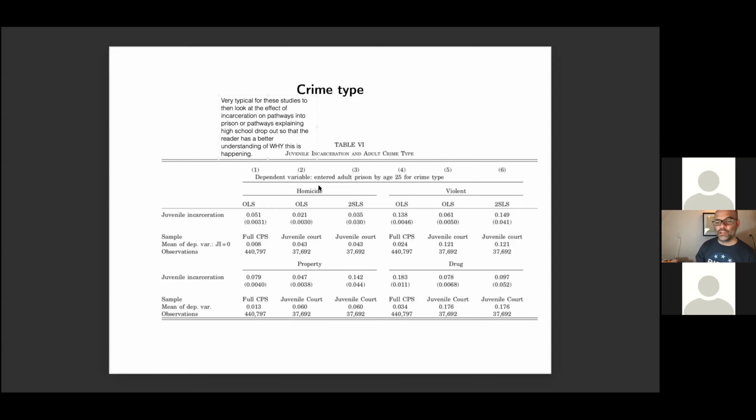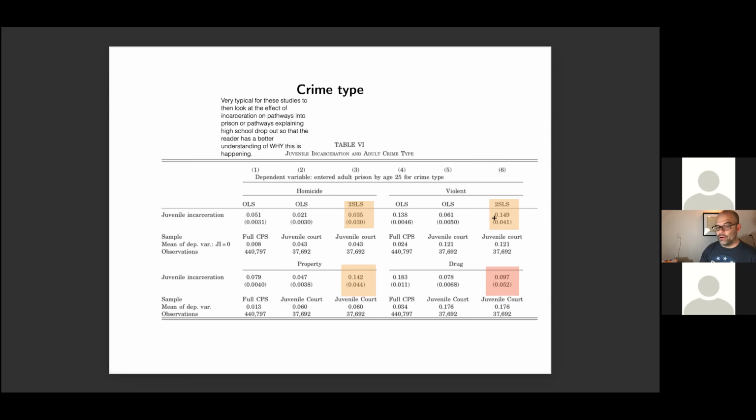What they're going to do here is look at the type of crime. Doesn't appear to be anything for homicides, because that's not significant. But that is significant. That is significant. And that is almost significant. That probably has a p-value less than 0.06. So they can't rule out zero effects, but it's close to significance.